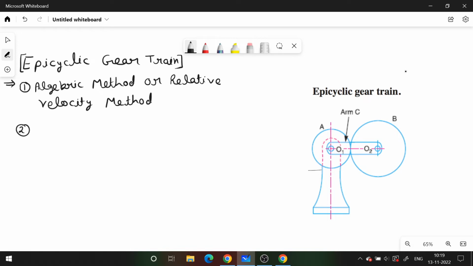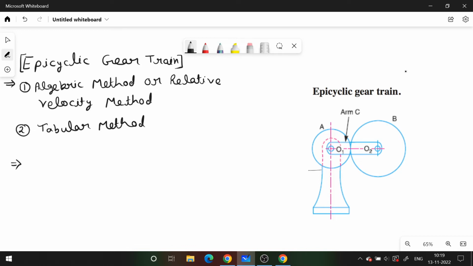We can determine the velocity ratio of any epicyclic gear train by two methods. First is the algebraic or relative velocity method, and second is the tabular method.